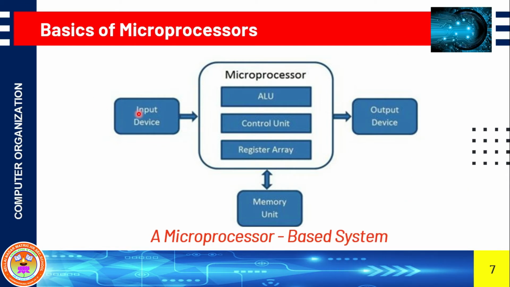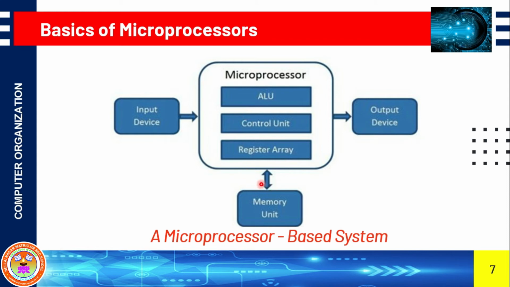This is the input device. What input device are we using to give input to the computer? One is the keyboard, another is the mouse or voice recognition software, whatever it is. Whatever input device you use, after giving the input, it is received from the input device and stored in the memory part.